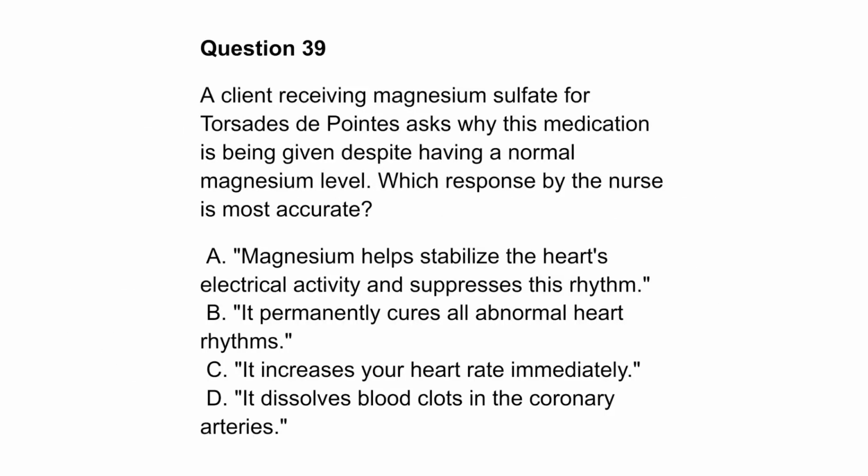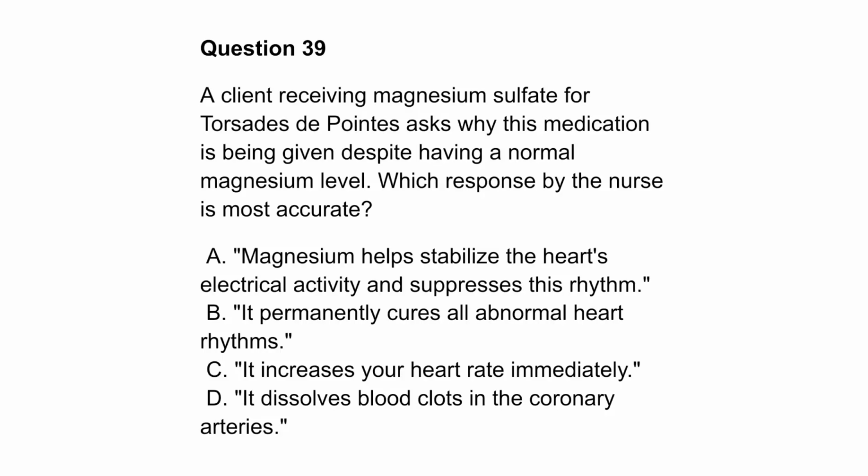Question 39. A client receiving magnesium sulfate for torsades de pointes asks why this medication is being given despite having a normal magnesium level. Which response by the nurse is most accurate? A. Magnesium helps stabilize the heart's electrical activity and suppresses this rhythm. B. It permanently cures all abnormal heart rhythms.